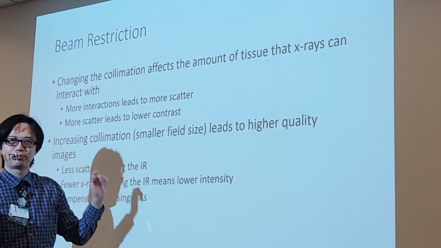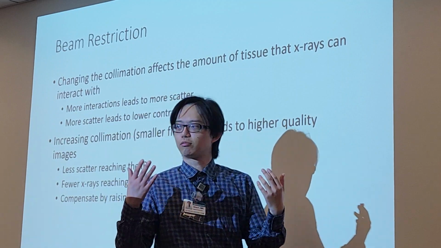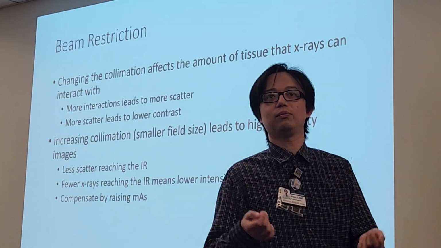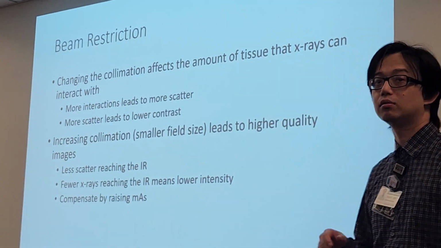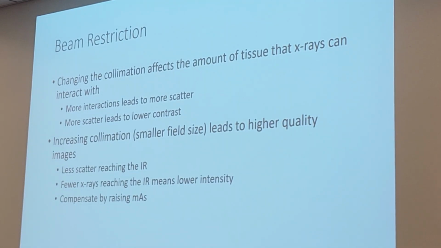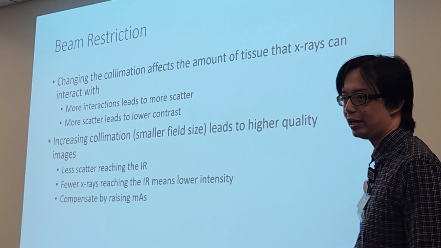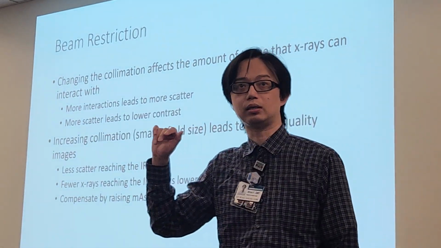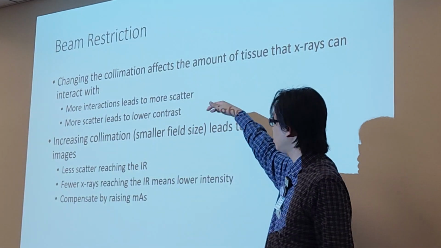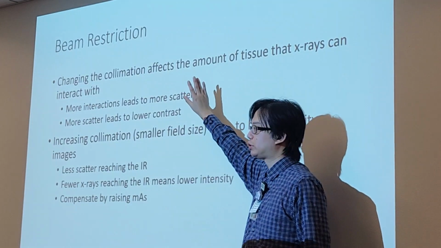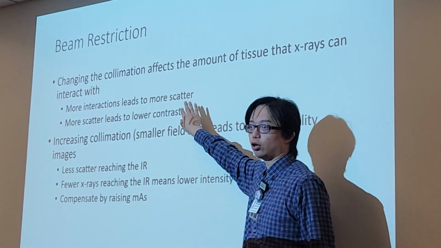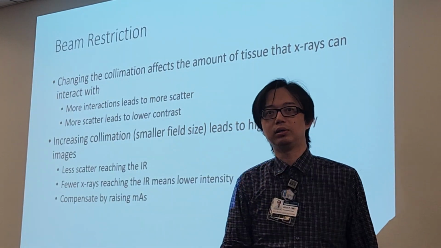Next up, beam restriction. Right, so collimation. Beam restriction is collimation. If we have poor collimation, if we aren't collimating properly, that means we're going to have more X-ray interactions, which gives us more scatter and lower contrast in our image.